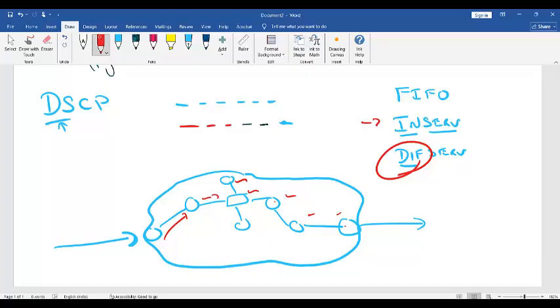Every hop will decide the QoS. Whereas in INTSERV, only the head-end router and tail-end router decide, and all the middle routers have to follow the instruction and reserve the bandwidth, keep waiting.